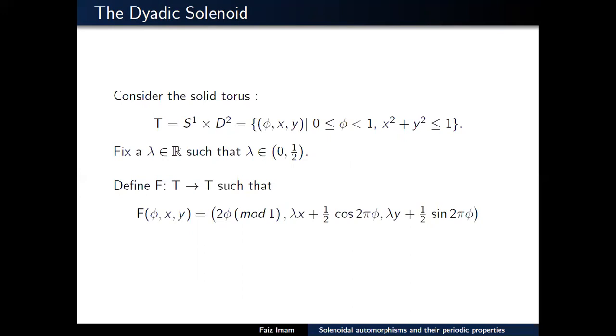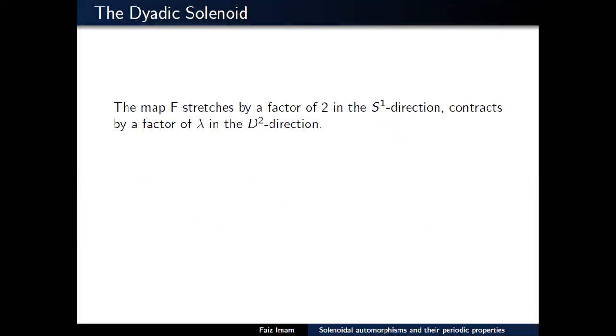If you notice the first coordinate, on the unit circle you are actually wrapping the donut twice. So this map F is stretching by a factor of 2 in the direction of the unit circle, and it is contracting by a factor of lambda in the disk direction.